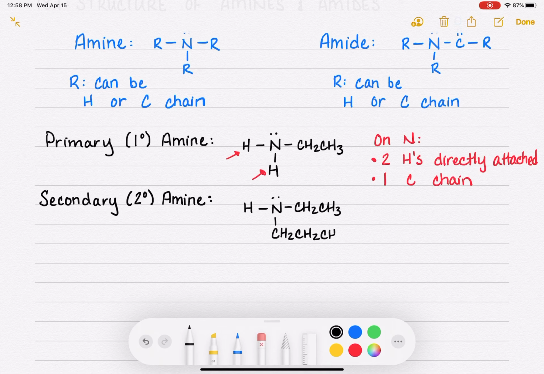Maybe the carbon chains are the same, maybe they're different, maybe they're big, maybe they're little, it doesn't matter. So on the secondary amine, on the nitrogen, we have 1 hydrogen that is directly attached. And we have 2 carbon chains on that nitrogen.